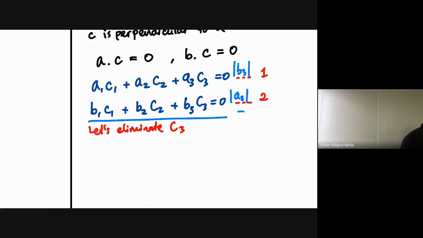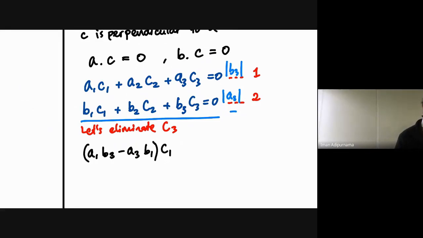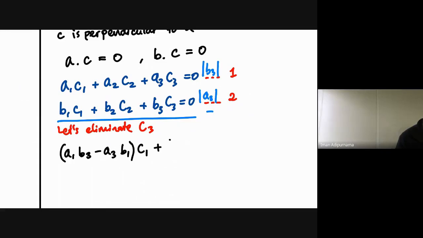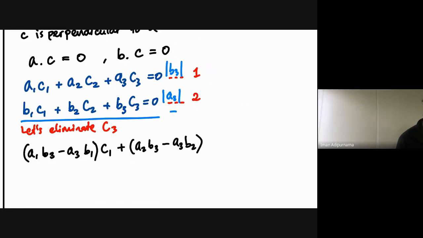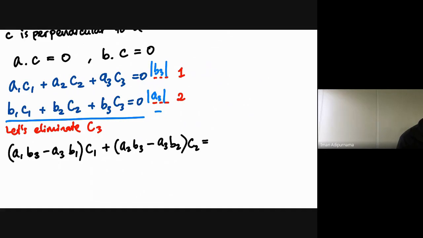Now we have A1 B3 minus A3 B1, grouping with C1, so we multiply B3, we multiply A3, and we subtract them. And then plus A2 B3 minus A3 B2, and then C2. So this equals 0.